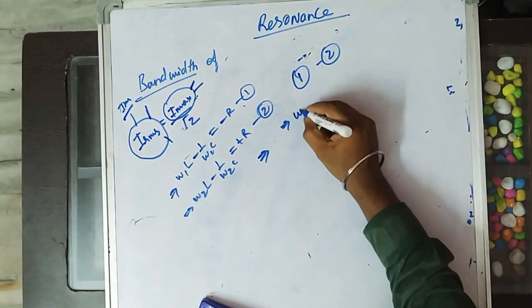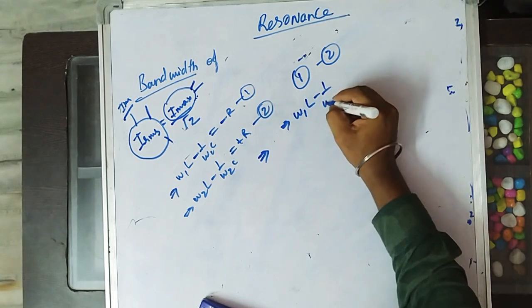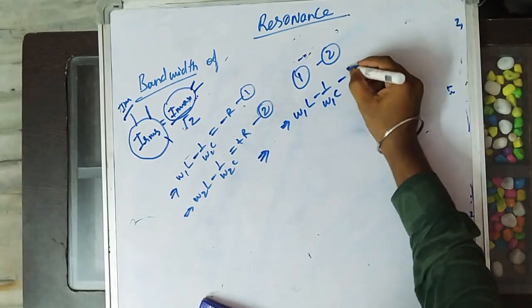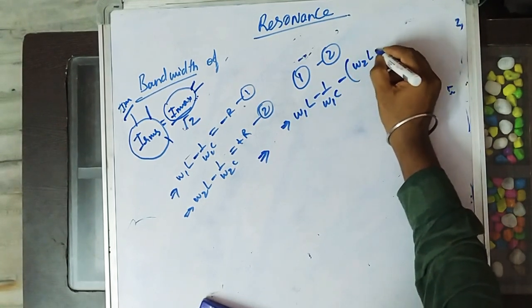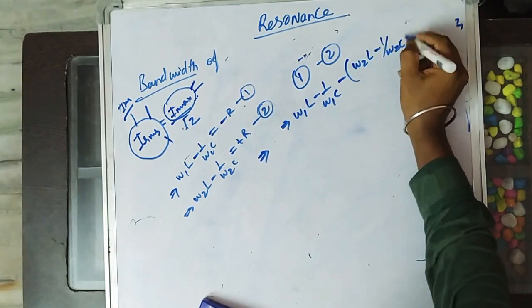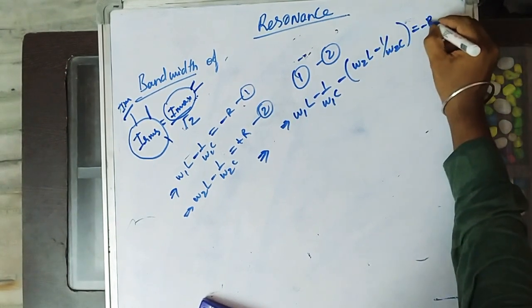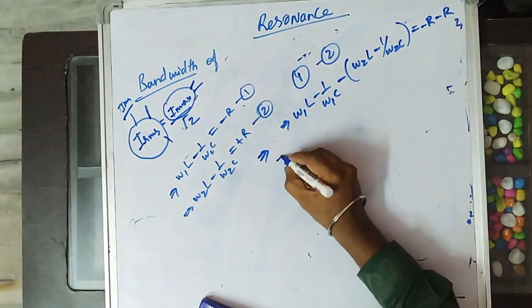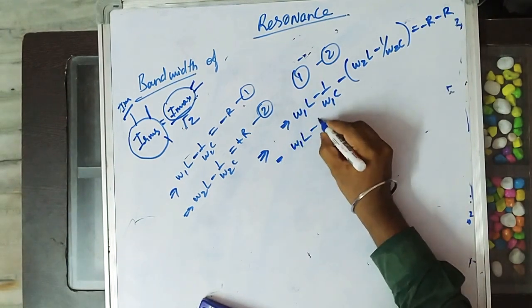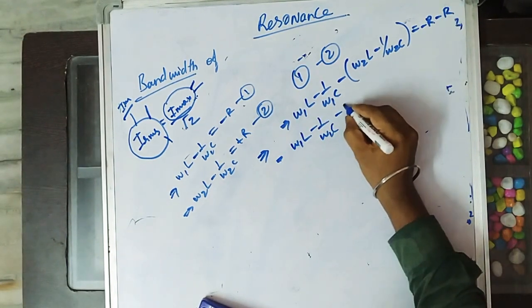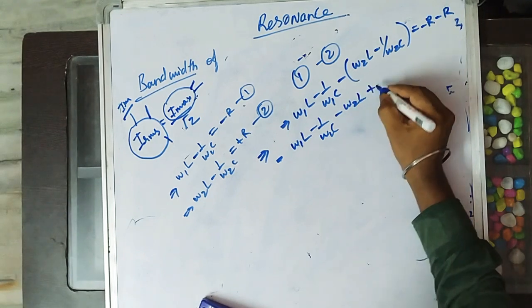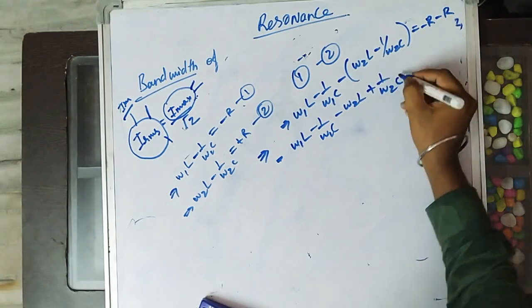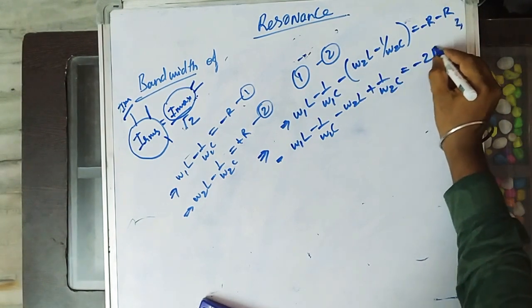Then we will get omega 1 L minus 1 by omega 1 C minus of omega 2 L minus of 1 by omega 2 C equal to minus R minus R. Then omega 1 L minus omega 2 L plus 1 by omega 2 C equal to minus 2R.